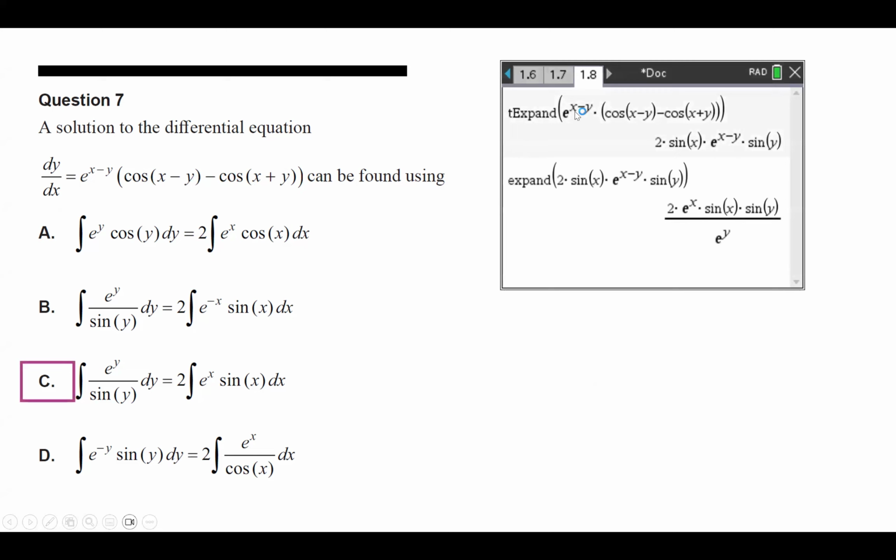So here, you can use tExpand to make the cosine of x minus y minus cosine of x plus y term simpler, which becomes 2 sine x sine y. And also, if you use the expand command, you will be able to rewrite e to the x minus y as e to the power x divided by e to the y. So this step saves us a lot of time.